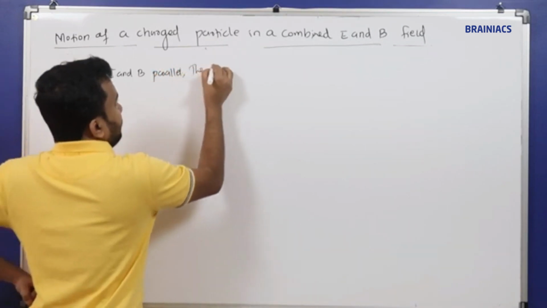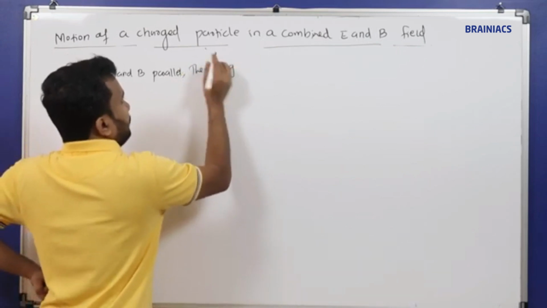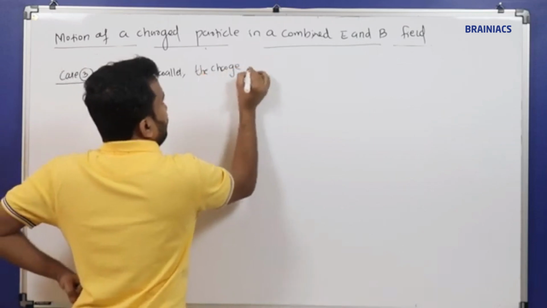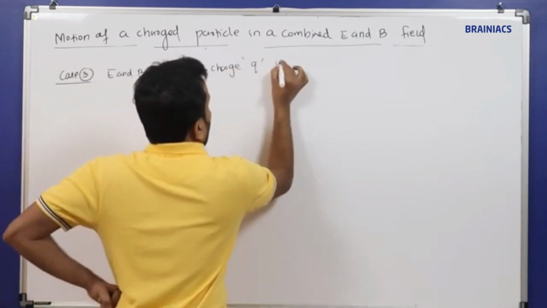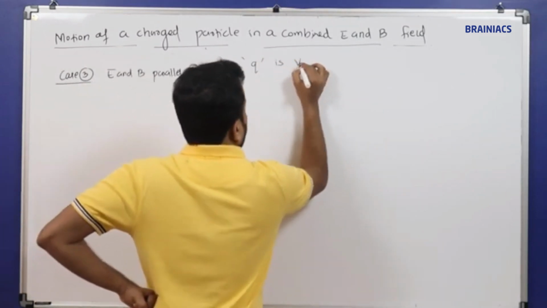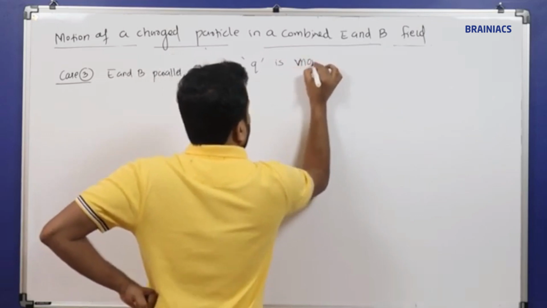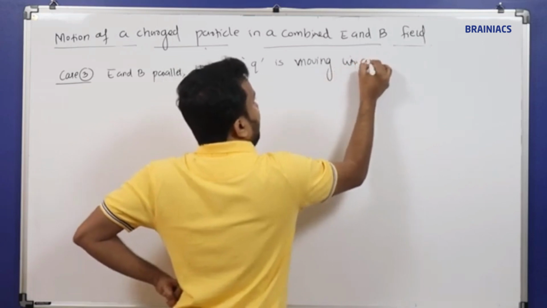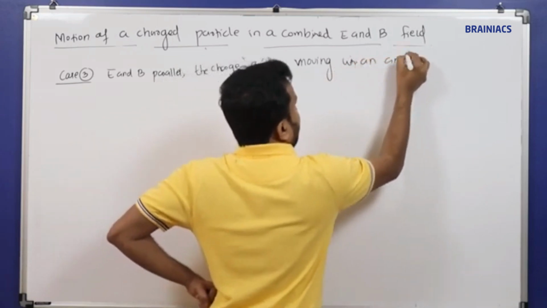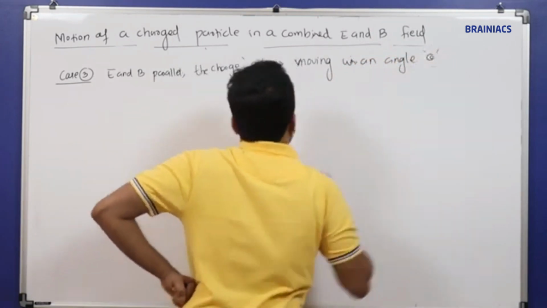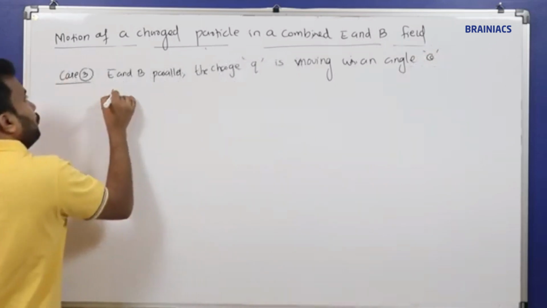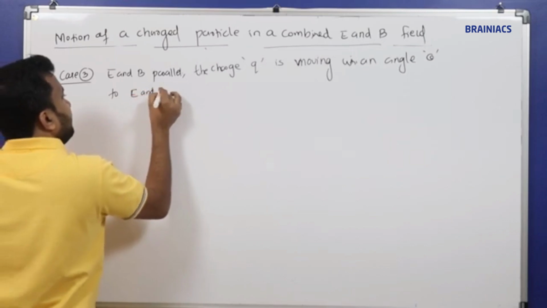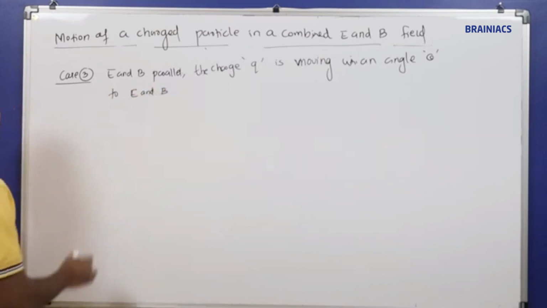The charge Q is moving with an angle theta to E and B, which means we will depict the diagram.